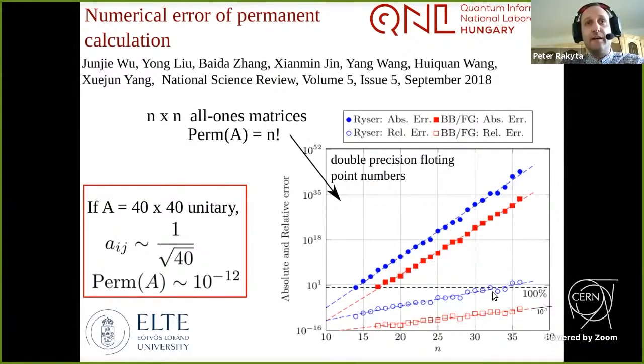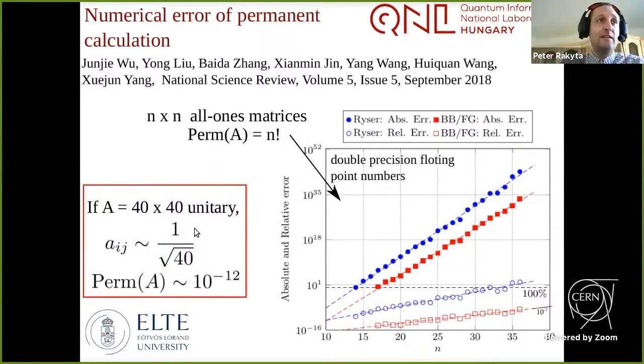Here we see the red line corresponds to the Ryser formula, and the other to the Glynn formula, and that's the reason we started to implement the Glynn formula, because it's much more stable. Here they calculated the error because they did the calculation on a very specific matrix which has ones in each place, and it is analytically easy to calculate the permanent.